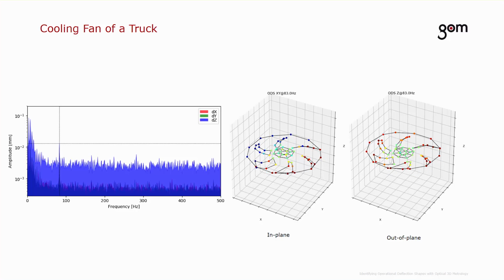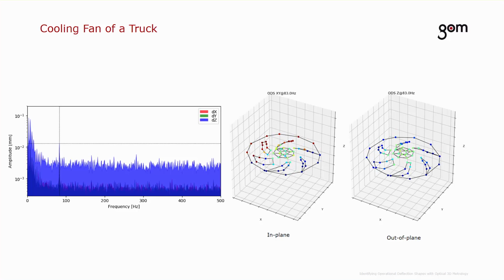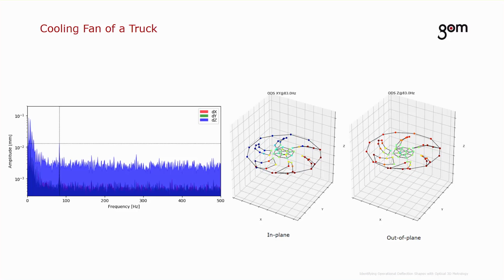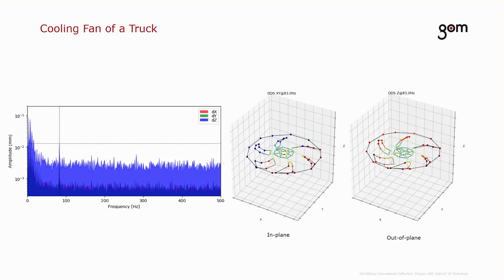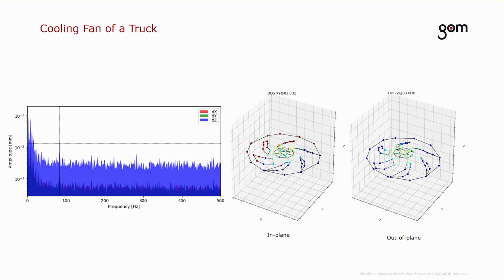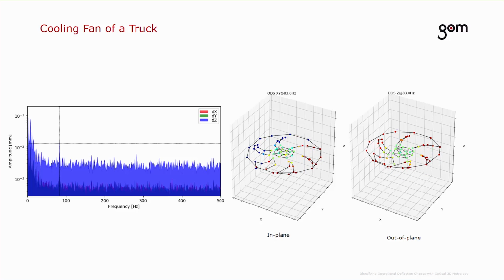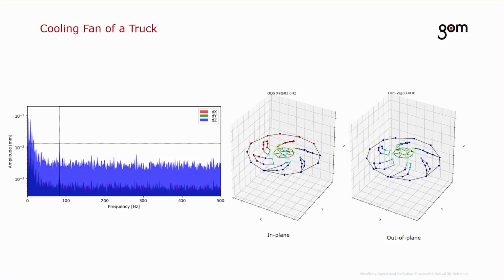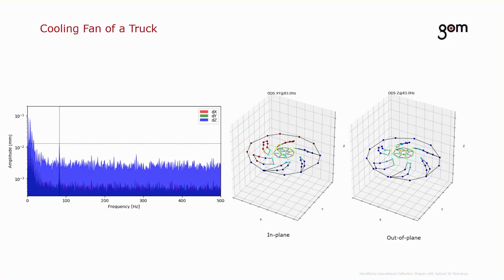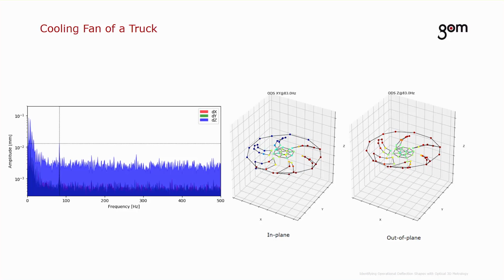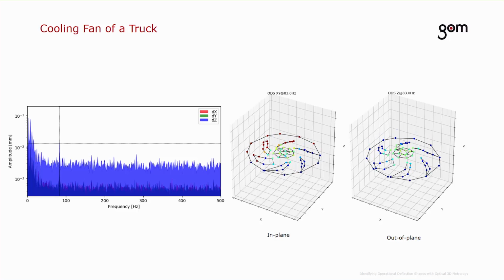One is in plane, let's say, this rotational deformation of the points on the fan blades related to the center hub, and the second part of this operating deflection shape is an out of plane deformation, a wobbling, so to say, of the blades to the center hub.